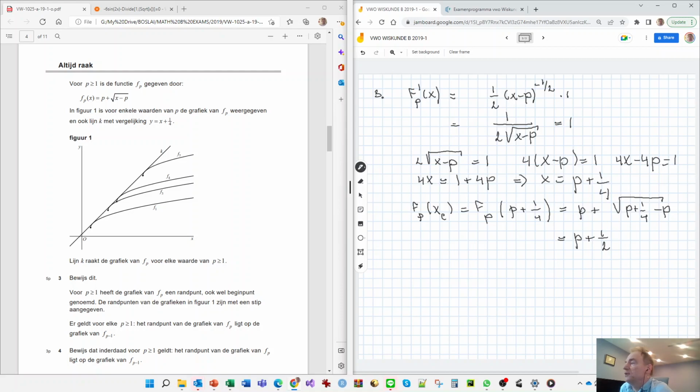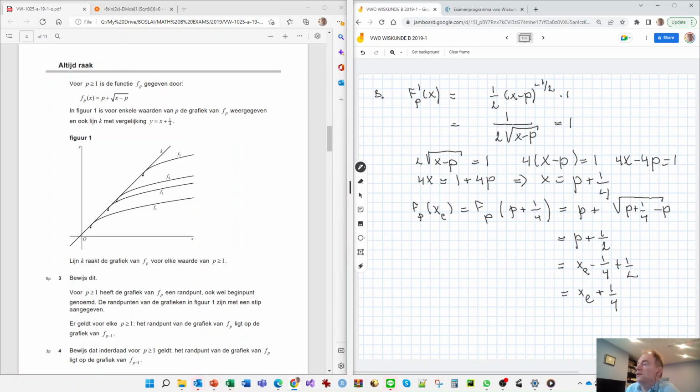So I call this xe again, and the y value is xe minus 1/4 plus 1/2, which is xe plus 1/4.